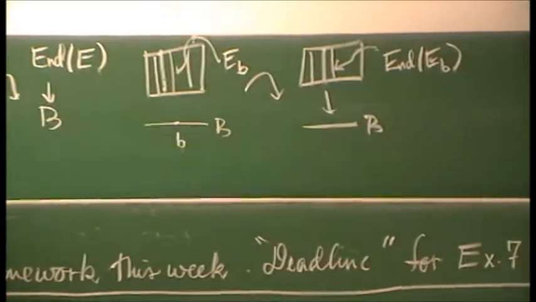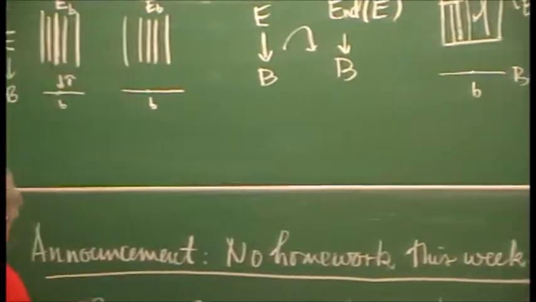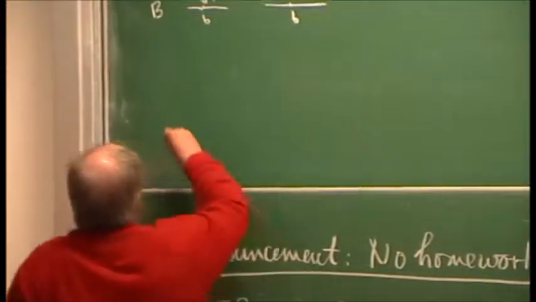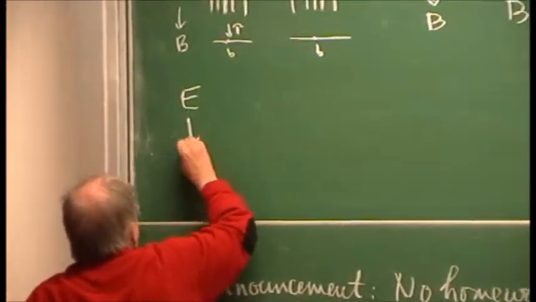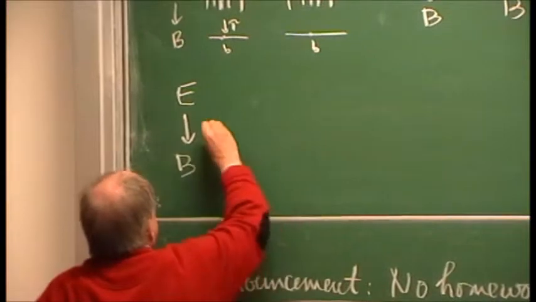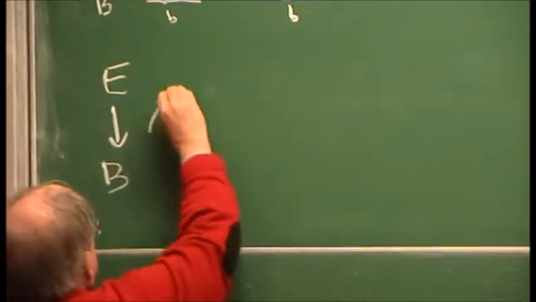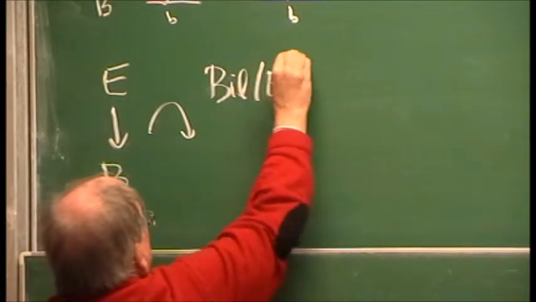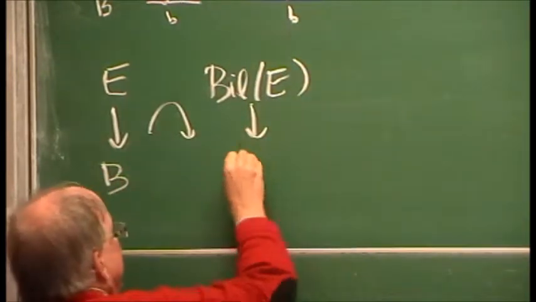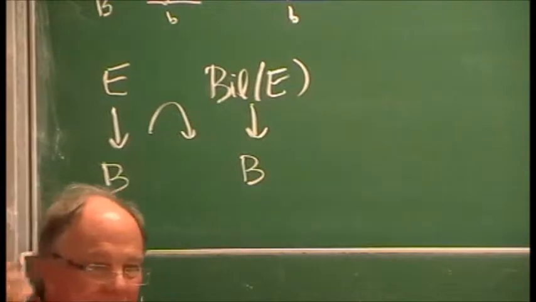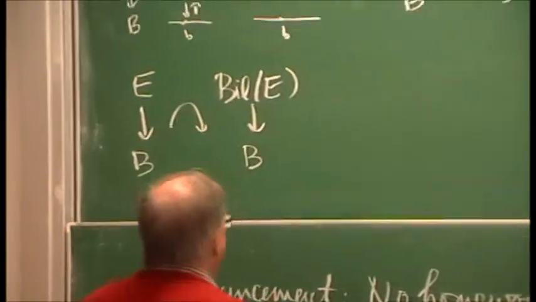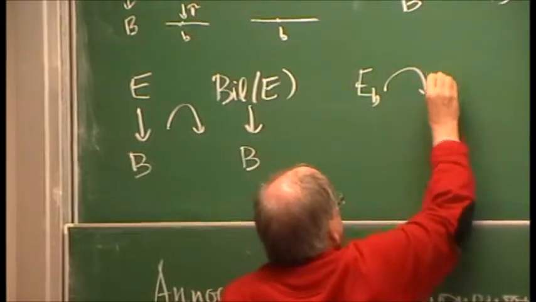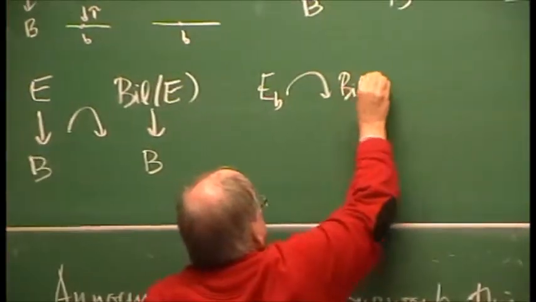Okay, what else can we do here while we're having fun? Well, why not? Let's start with E over B, and let's go to the bilinear forms over B. We have the fiber E_B replaced by the bilinear forms on E_B.